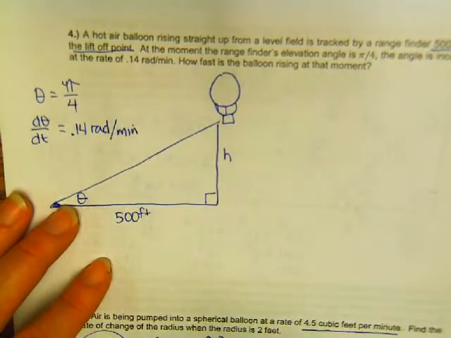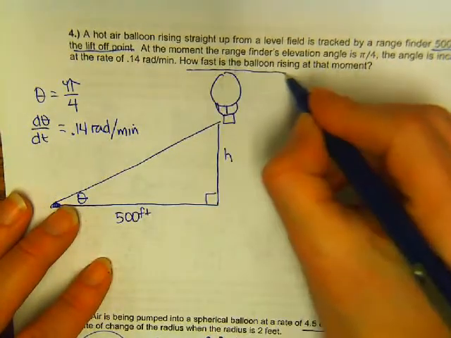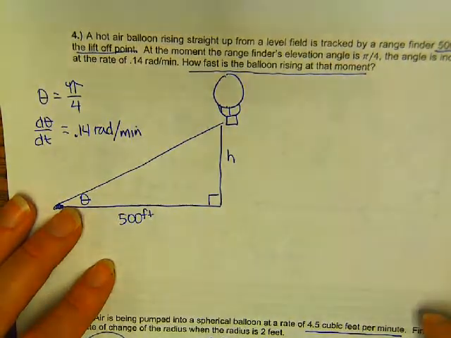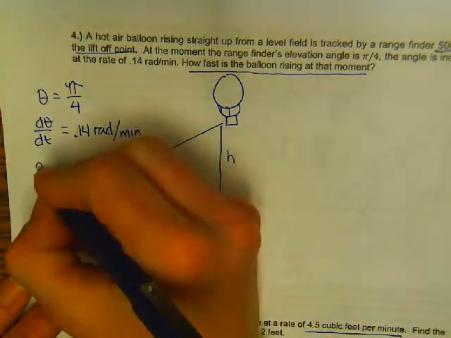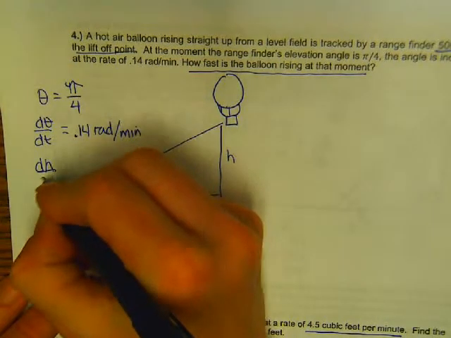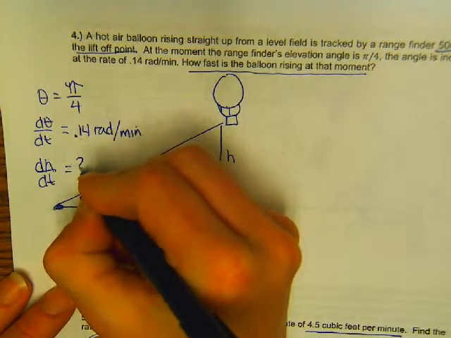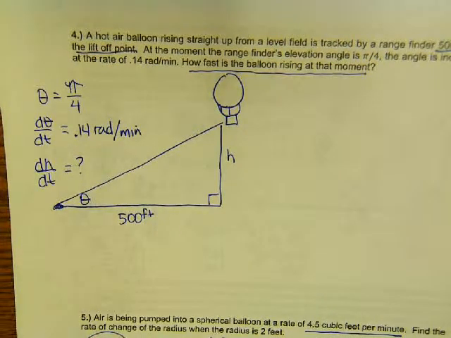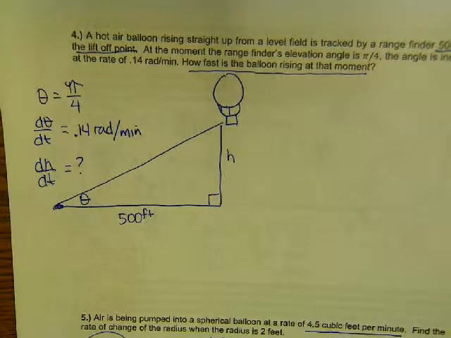Okay. How fast is the balloon rising at that moment? What are we trying to find? Okay. So since this involves an angle, let's write a ratio with SOHCAHTOA.